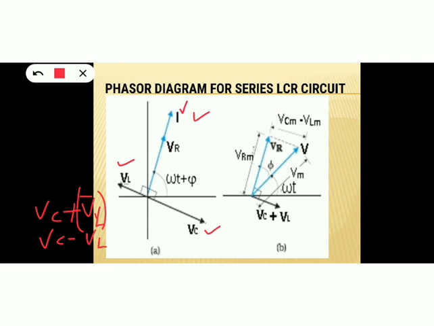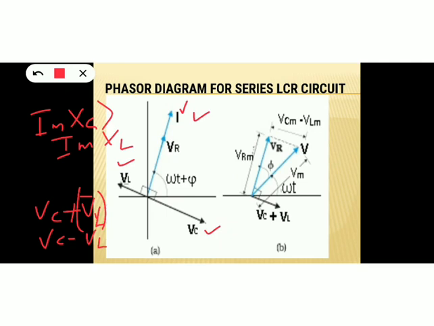Of course the magnitude of capacitive voltage is greater than that of inductive voltage, because the value of Im XC is greater than the value of Im XL. That means the capacitive reactance is greater than the inductive reactance.